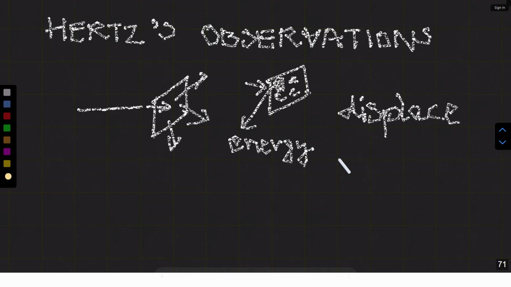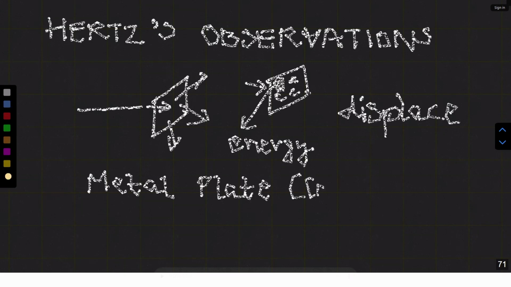Basically, the experimental setup of this photoelectric effect consisted of a metal plate, which is basically a collector, and then a photosensitive plate, which is nothing but an emitter.